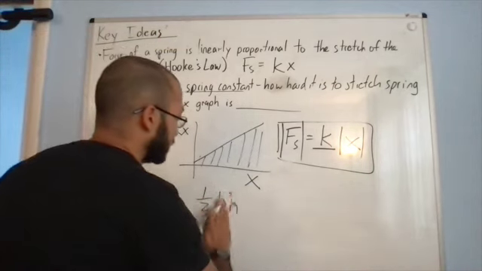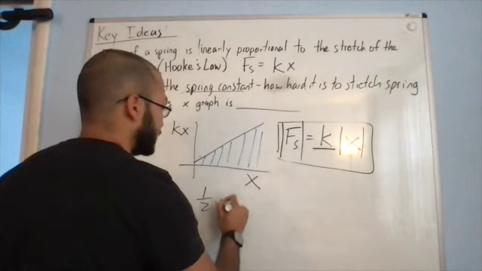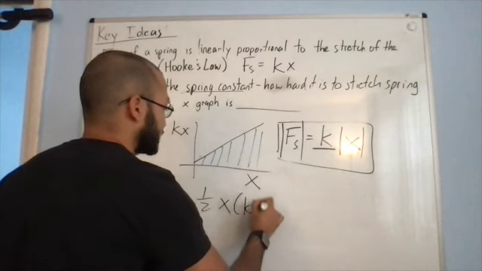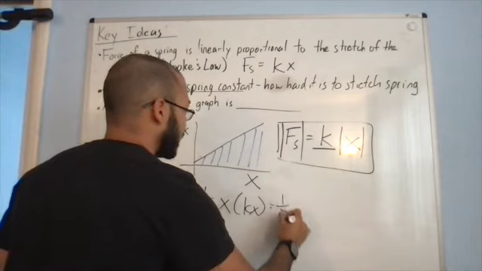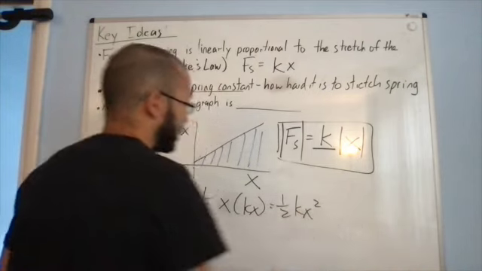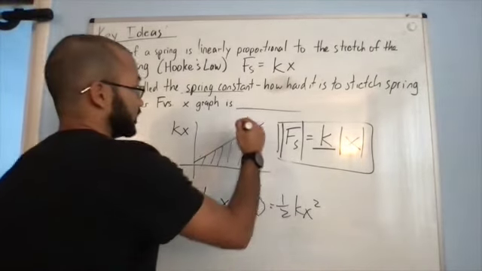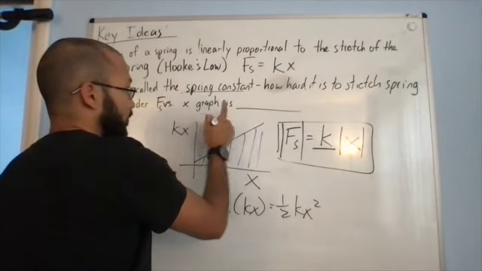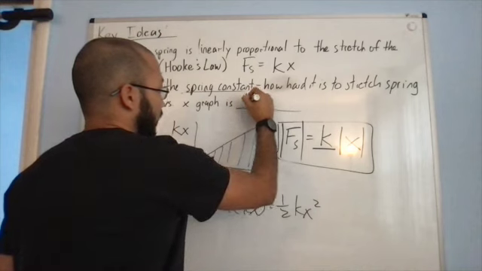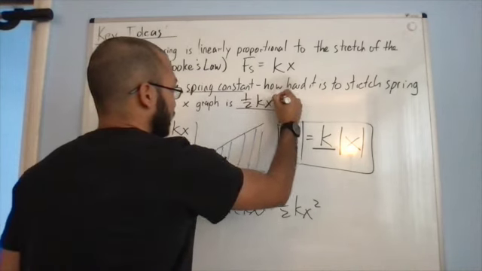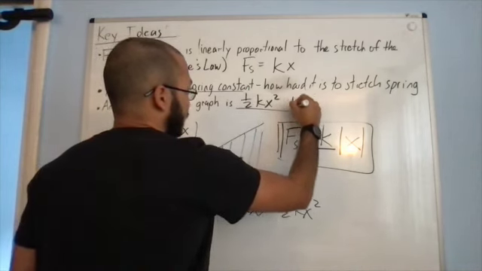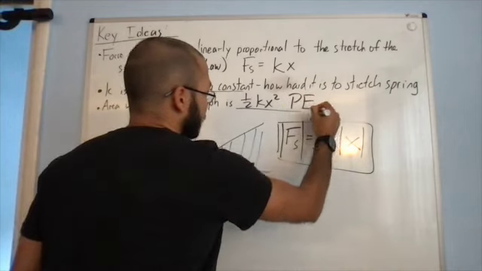And in this case, the base is x, and the height is kx. So the area here is 1/2 kx squared. Hopefully you can recognize this. The area under a spring force versus x graph is 1/2 kx squared, the potential energy stored in the spring.